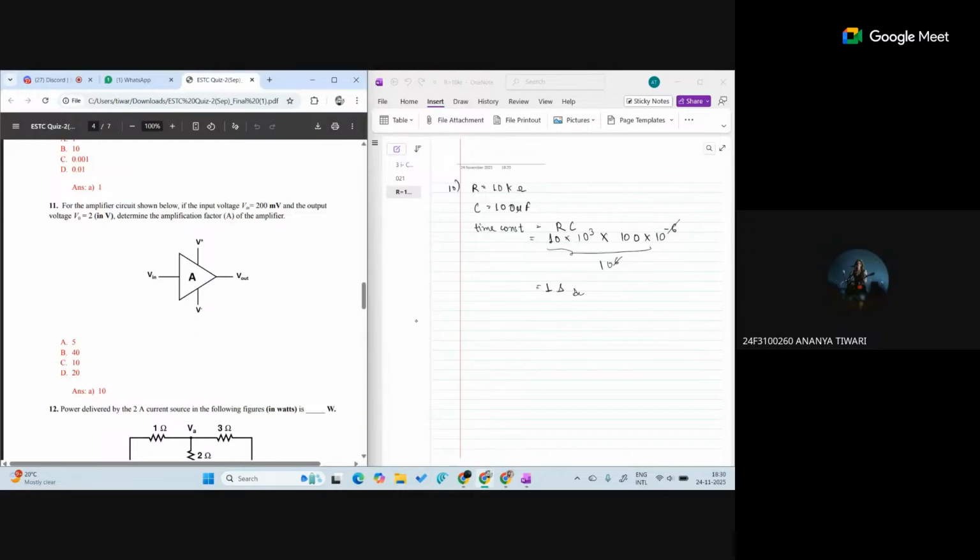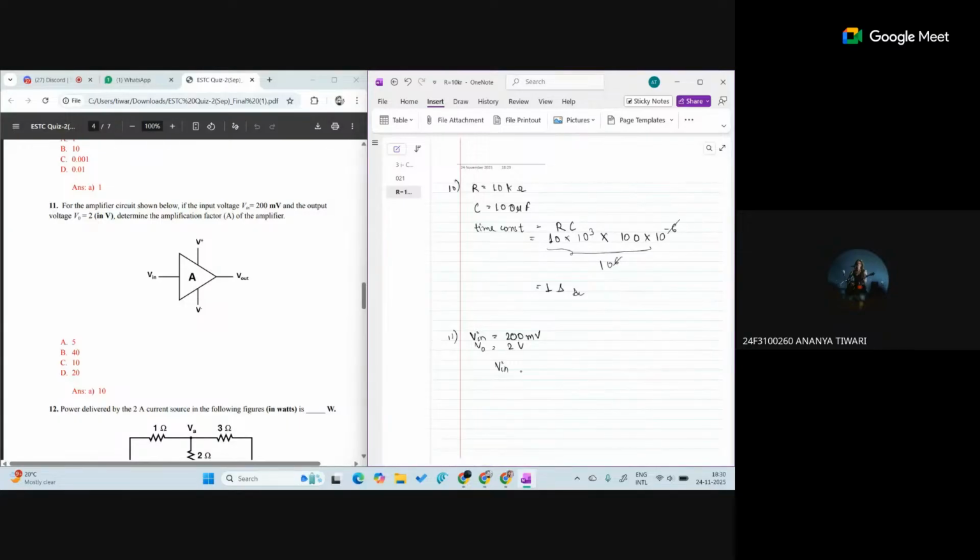Now we can move to this 11. We are given the V input, which is 200 millivolt, and V output, which is 2 volt. Now we have to find the gain or amplifying factor. So what's the formula?